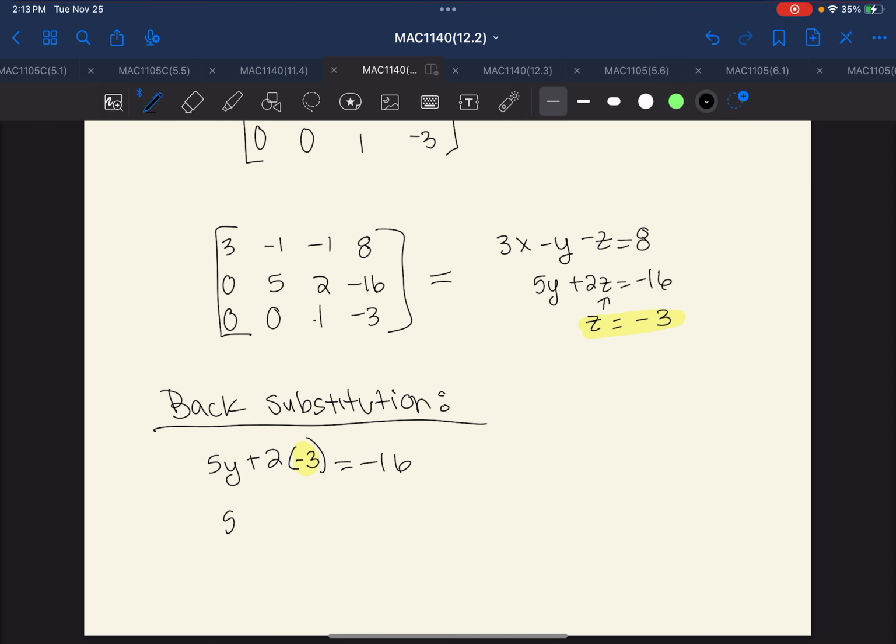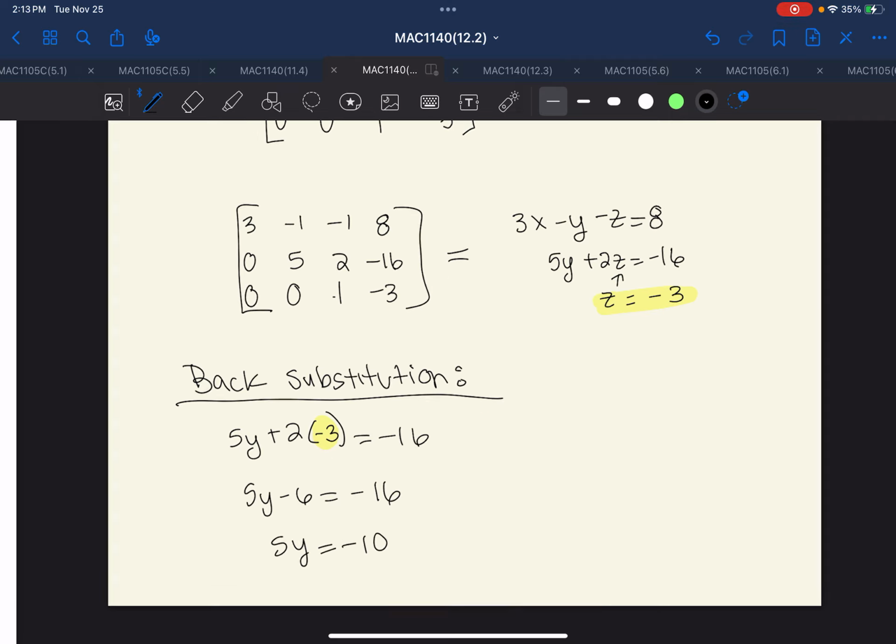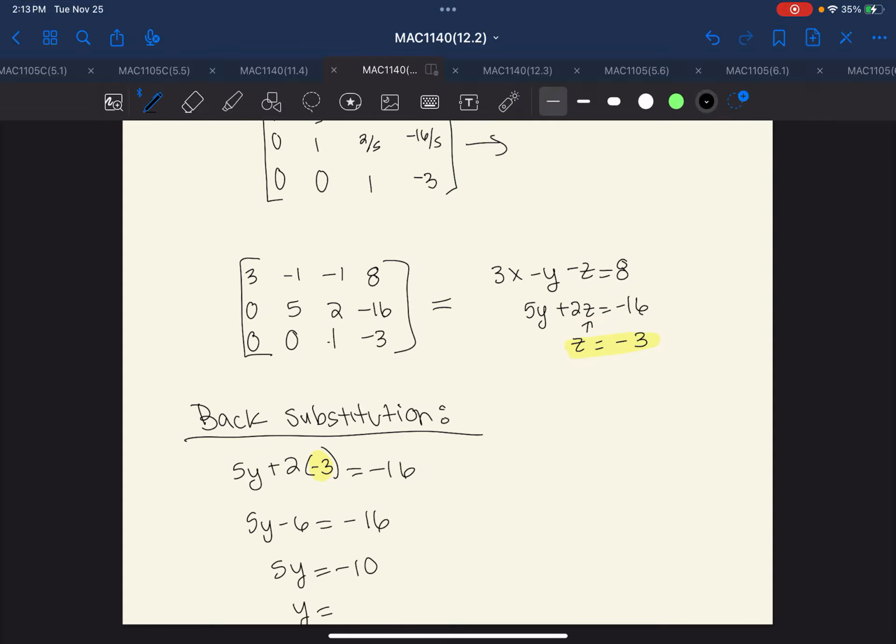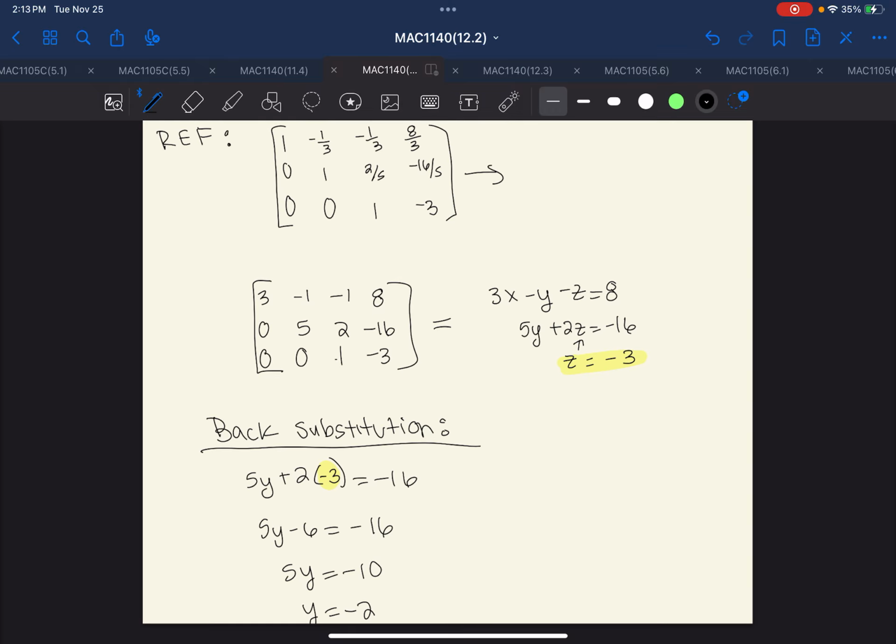That gives me 5y minus 6 equals -16. I would add 6 to both sides, which gives me -10, and so y would equal -2. So now I have a value for y as well.